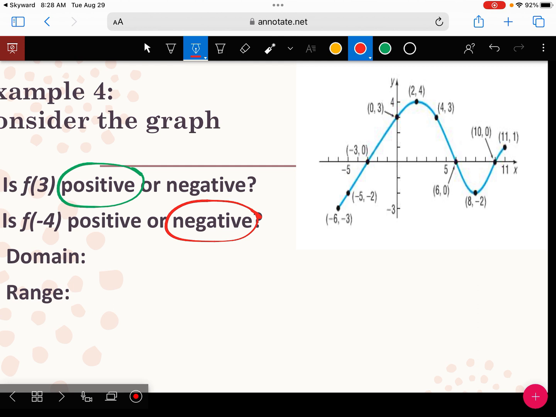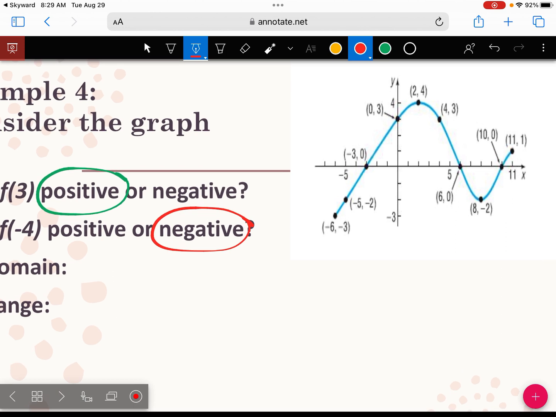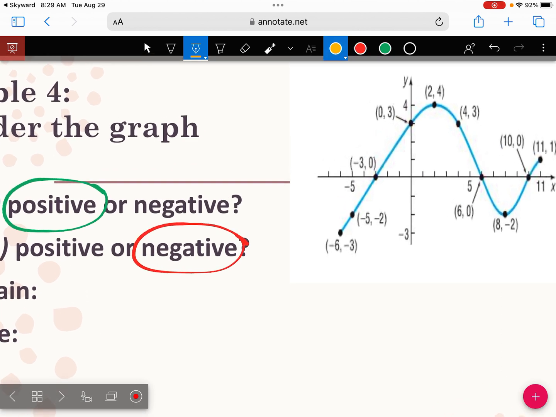All right, domain. Remember, domain is left to right. So the furthest this graph will go to the left is right here. What is X at that point? -6, and it's a closed circle, so we're going to give it a bracket. Everything on this graph is closed. There's no open points anywhere on the graph.